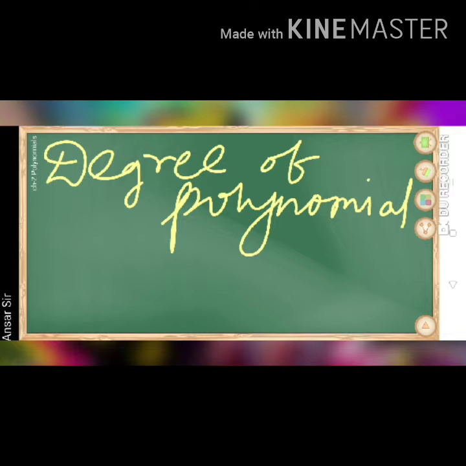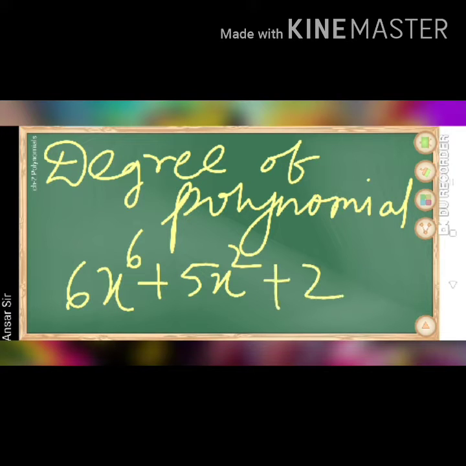For example, 6x to the power 6 plus 5x square plus 2. Here the variable is x and the highest power of the variable is 6. So the degree of this polynomial is 6.